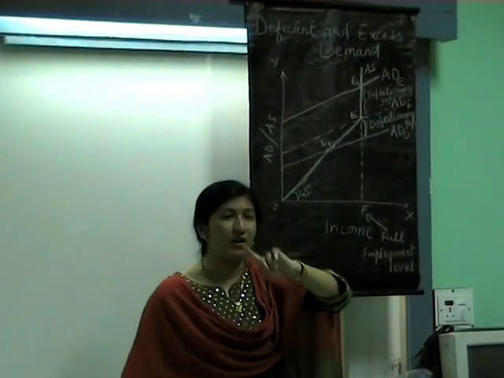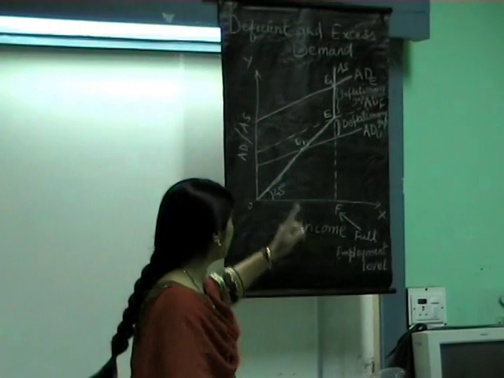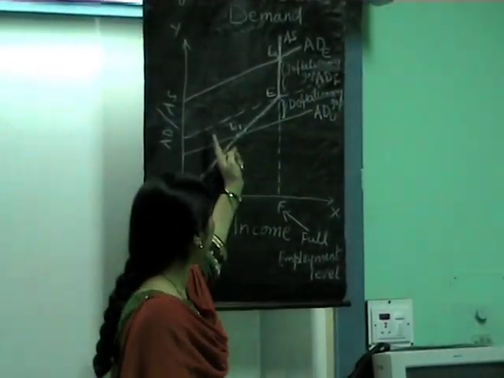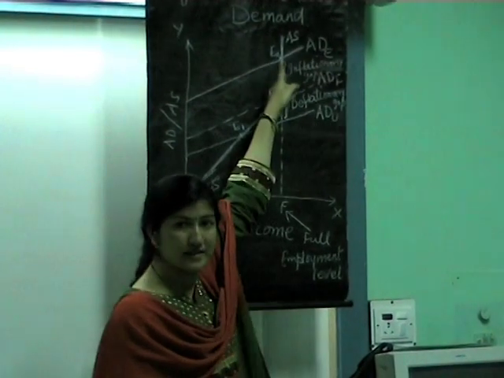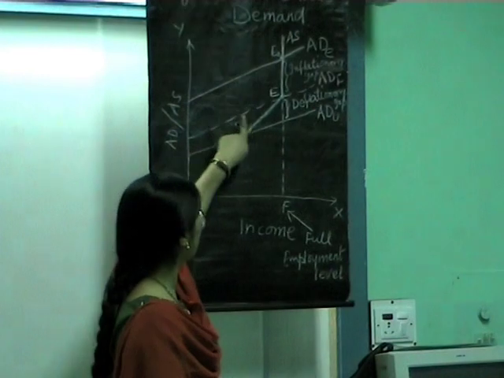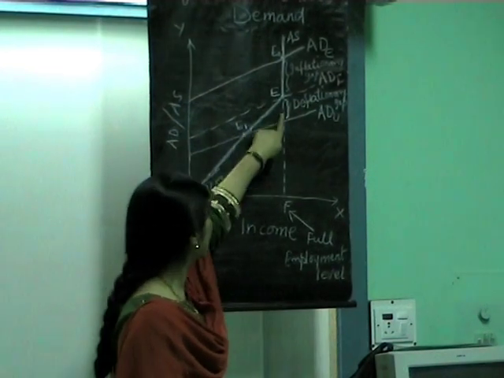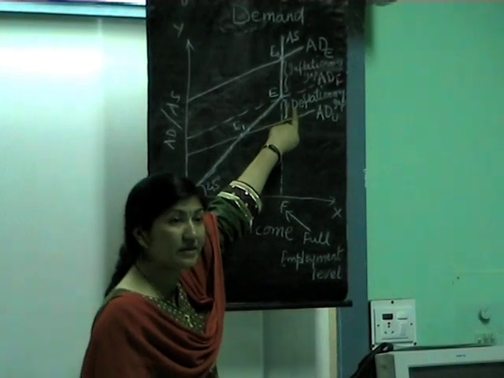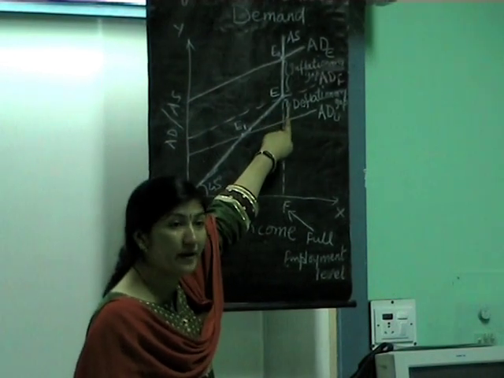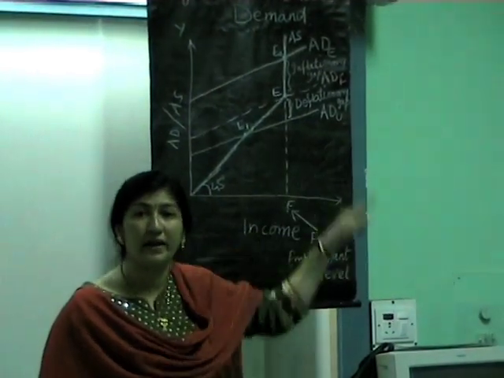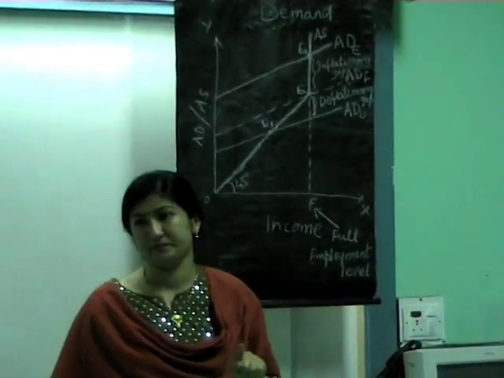Now, supposing this is your aggregate demand curve, ADF, and AS is your supply curve. All of you can see. Now, if this ADF curve passes through the supply curve at point E, means if the equilibrium is at E, then what is happening? This is called the perfect equilibrium level of income, employment and output.